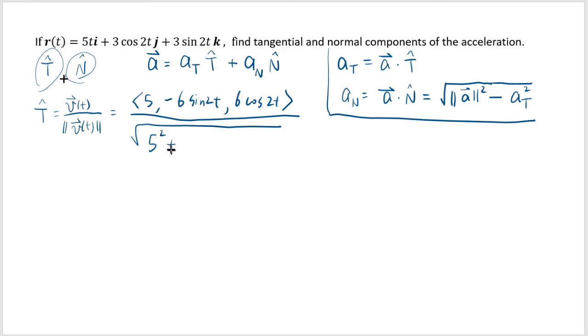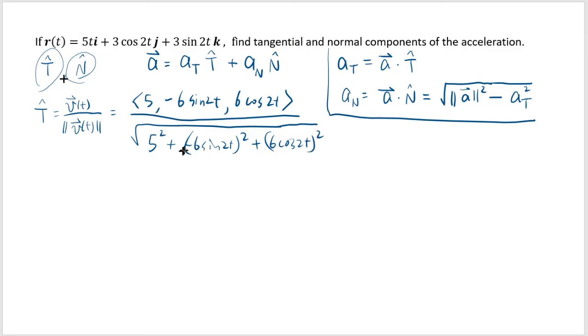And you have to normalize this, so you divide it by its size, which is the square root of 5 squared plus negative 6 sine 2t squared plus 6 cosine 2t squared. If you actually do this, sine squared plus cosine squared gives you 1, and they both have 36 in front, so you end up with 36 times 1.